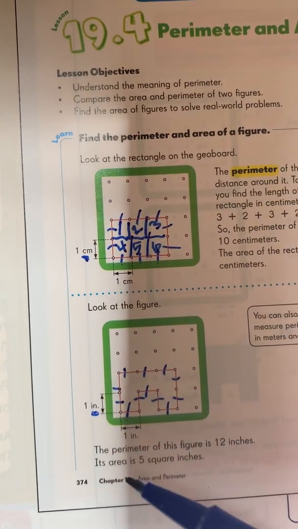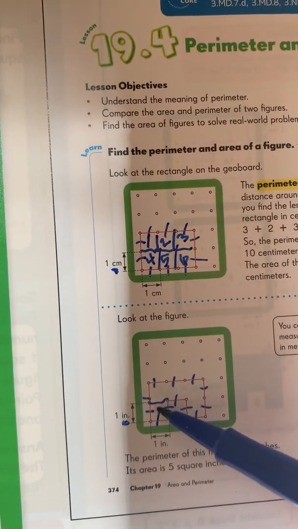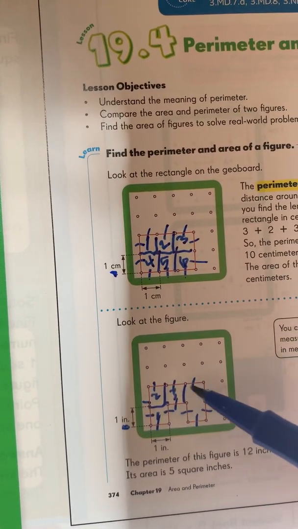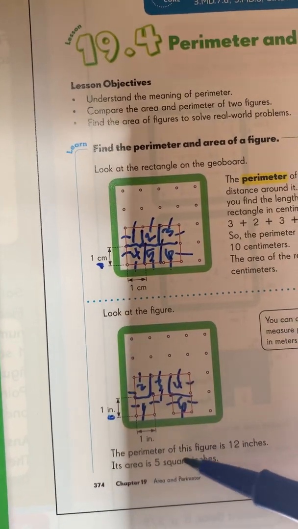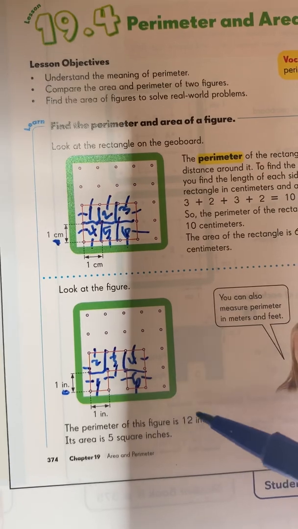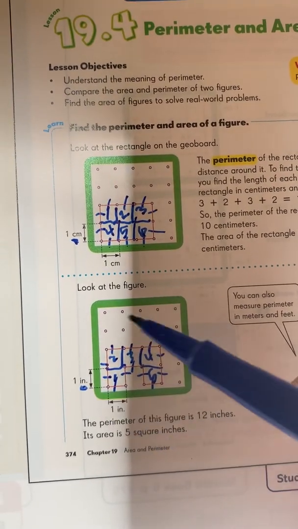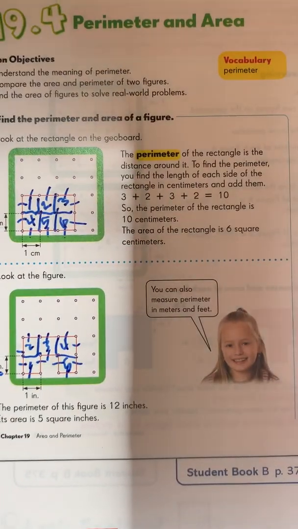So let's go ahead and dive into the area. Let's form our squares. 1, 2, 3, 4, and 5. So my area is 5 square inches. So notice again, your perimeter and your area are 2 totally different things. You're looking at the same figure, the same shape, but you find them in different ways.